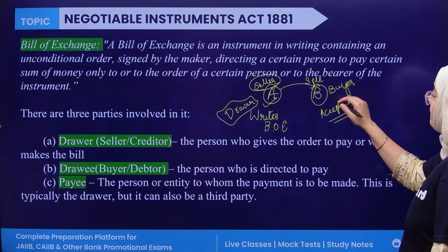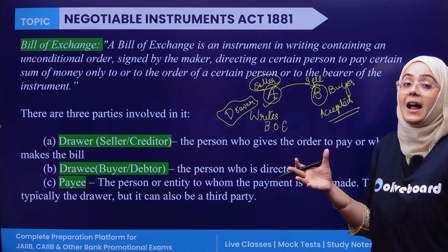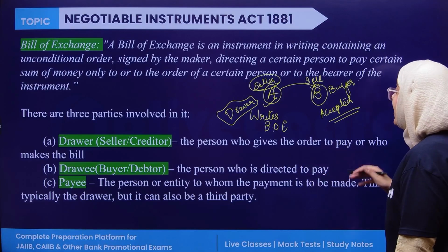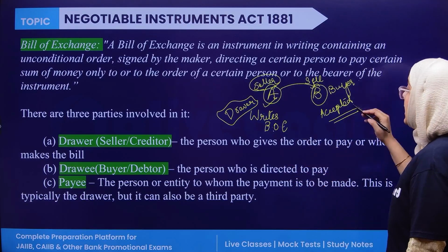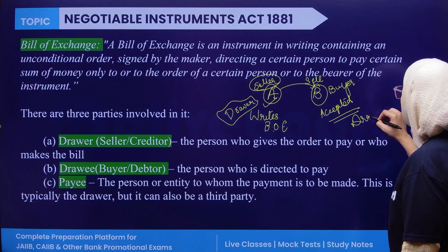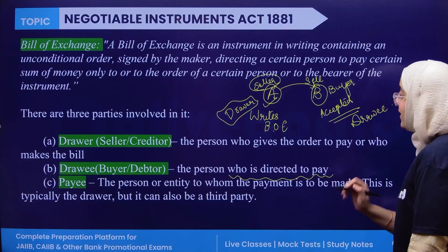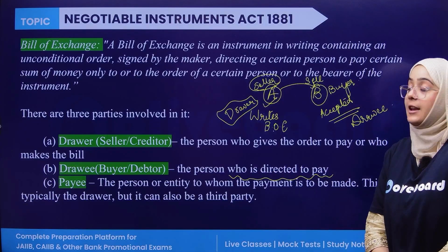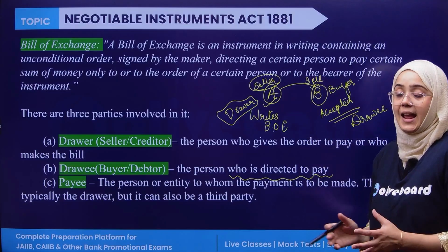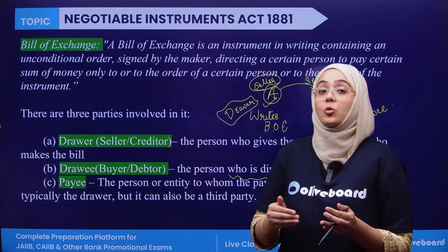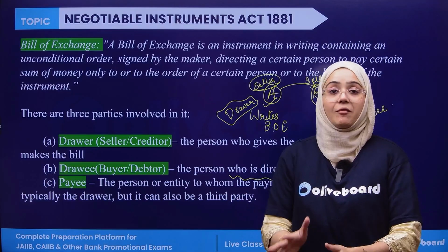Now, in this case, B is what? B is accepting that bill of exchange. It means that B is the drawee. The drawee is the person to whom the direction is given to pay. Now, B is giving payment to A. A has mentioned that I have sold goods to B and B is responsible to pay A rupees 1 lakh.